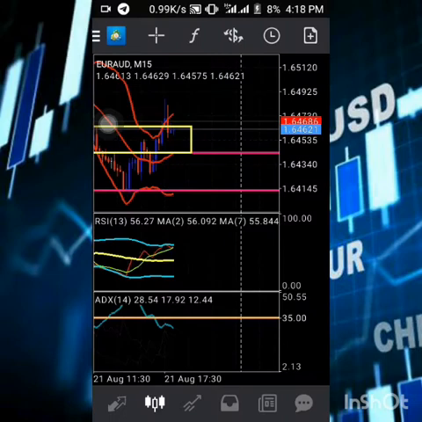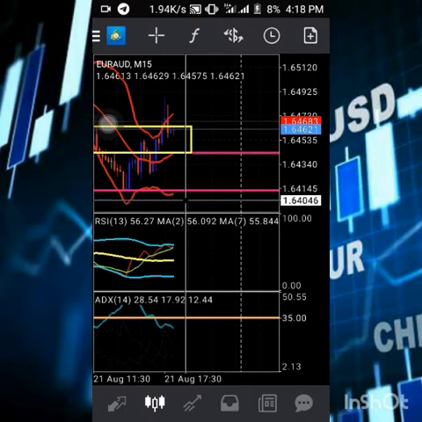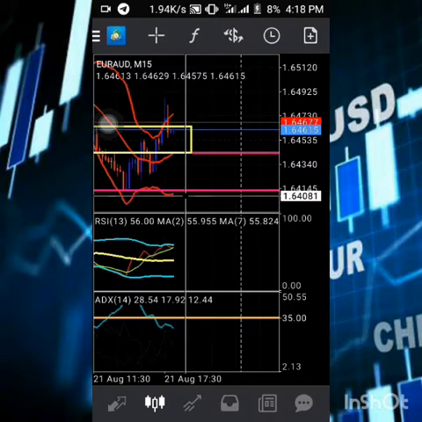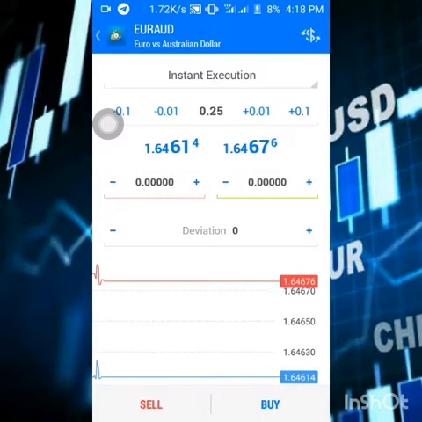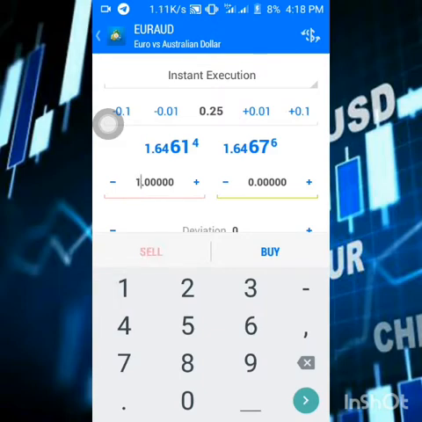So our stop loss will be around here, 1.6408, 1.64081.